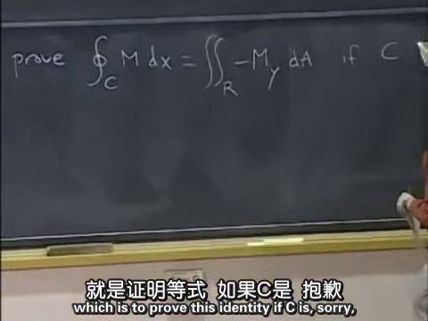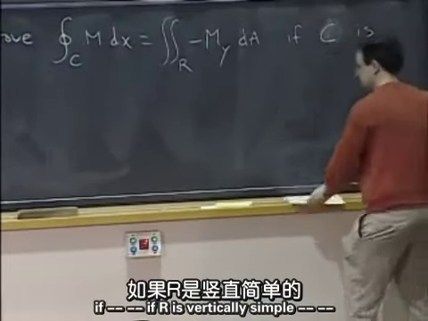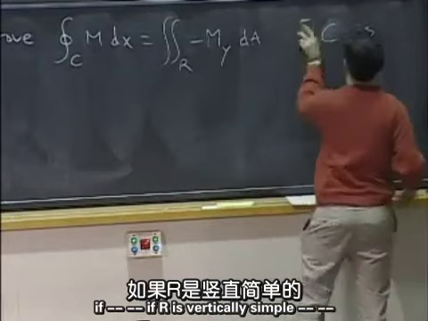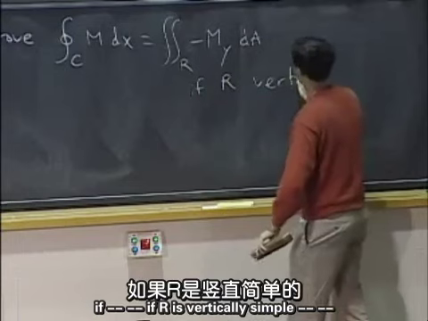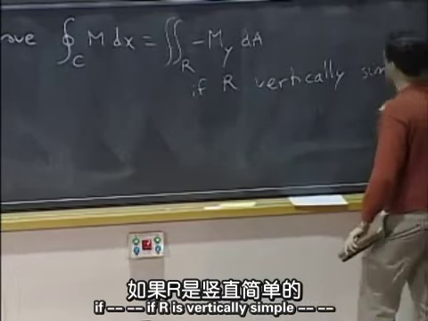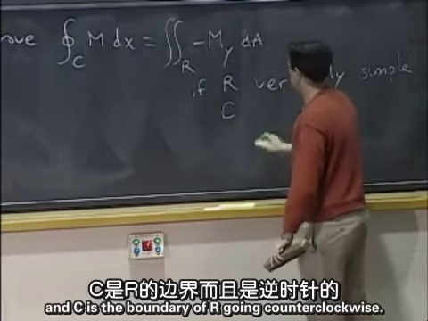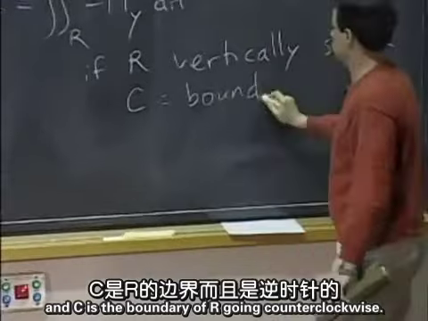If R is vertically simple, and C is the boundary of R going counterclockwise.